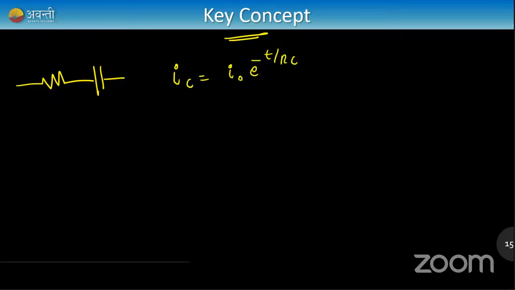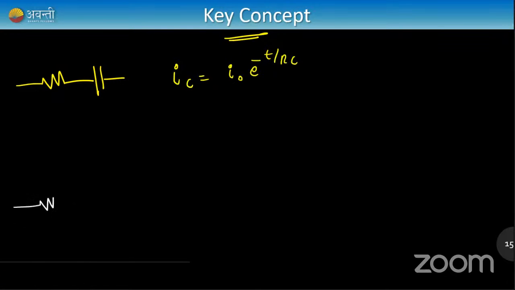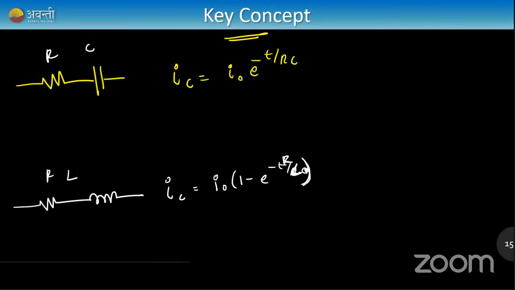And similarly, I also derived one more formula in this particular chapter, which is for the RL circuit. In the circuit, whenever there is a current while charging, I is given by I naught into 1 minus e raised to minus t by, sorry, R by L. So this was the formula which we derived, right? So this is for the RC circuit and this is for the RL circuit. I hope you remember these formulas.